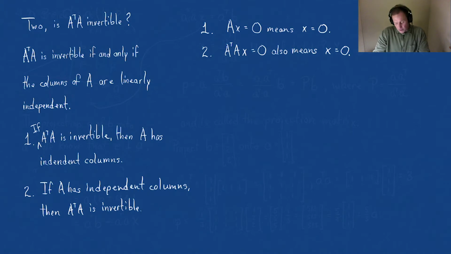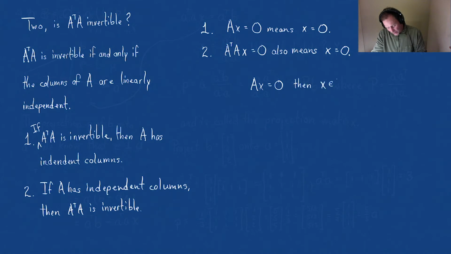Let's just start with AX equals 0. If we have A times X equals 0, what does this mean? Then X is in the null space of A. Now let's multiply by A transpose.